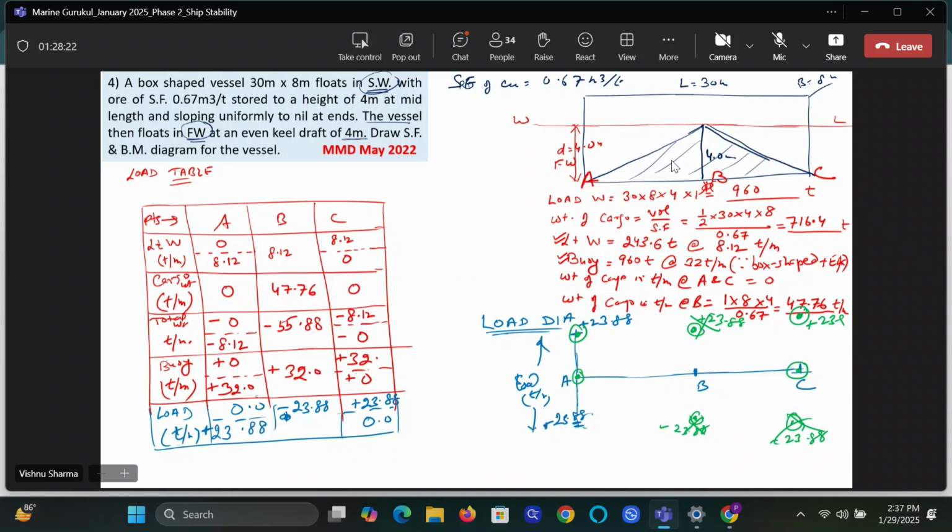Correct, beta? Yes or no? The 5-6 questions that you did yesterday, there the cargo graph would have been horizontal. Yes or no? Yes, sir.